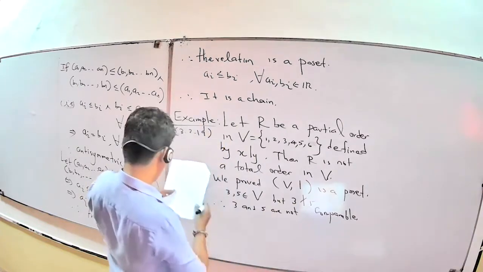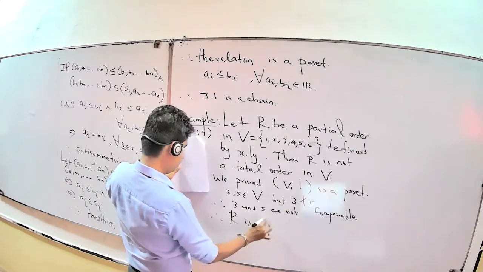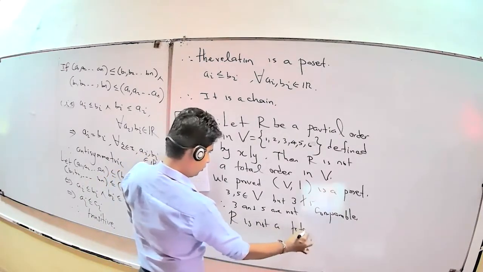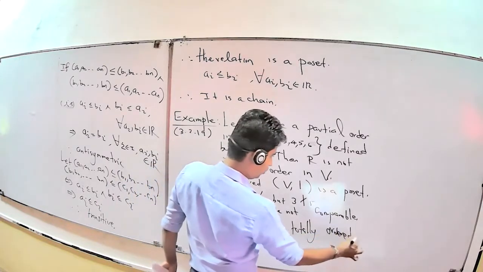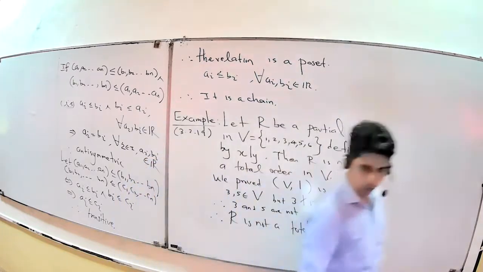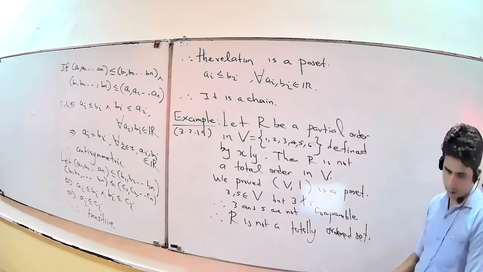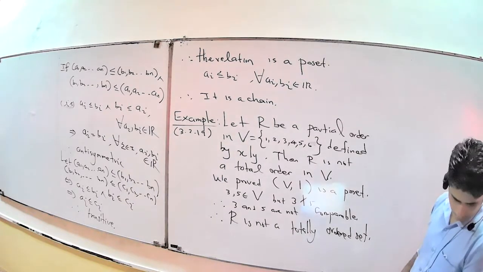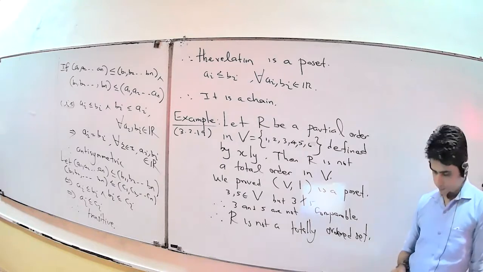set, right? Not comparable. Therefore, R is not a totally ordered set. R is not a totally ordered set. Okay.